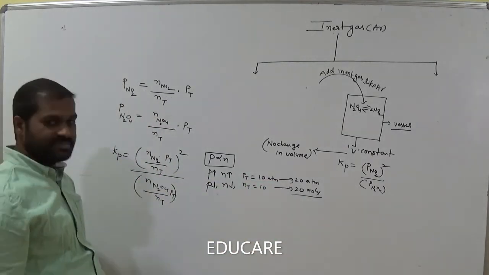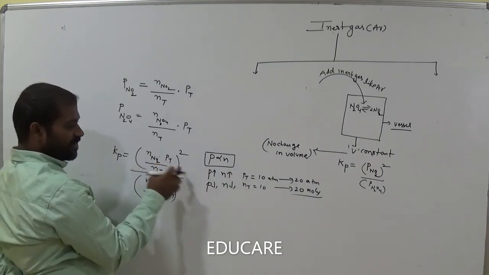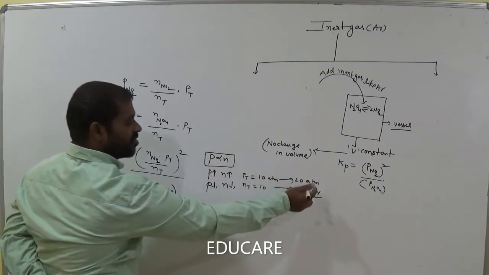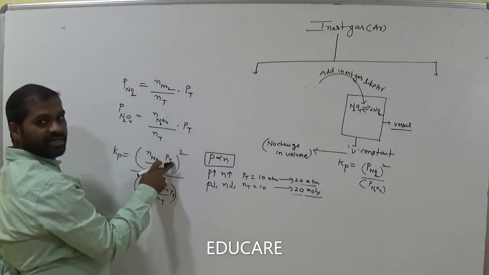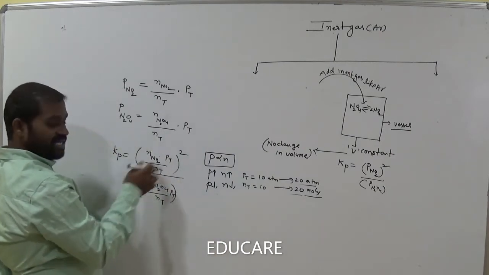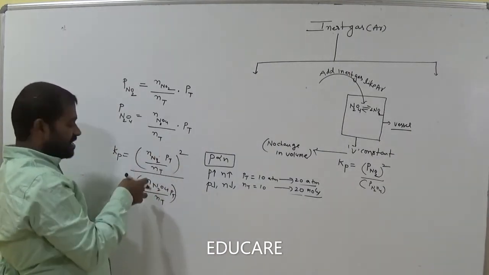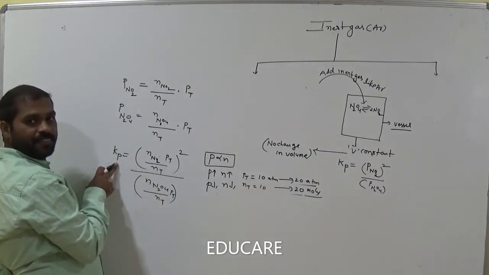Now keep this value, suppose the total pressure is 20 here. The total number of moles is how much? 20. 20 by 20 is cancelled or not? Then is there any effect on Kp?